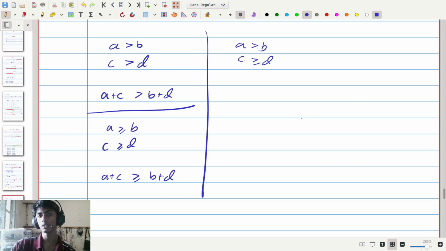Here with the equalness, if a is greater than b but c is greater than or equal to d, this does not imply that a plus c is greater than or equal to b plus d. This only implies that a plus c is greater than b plus d.